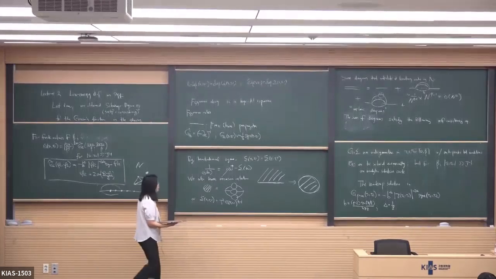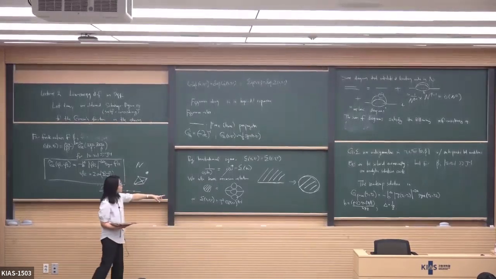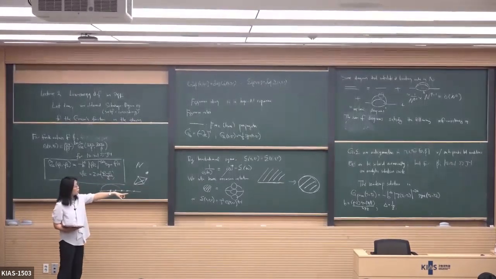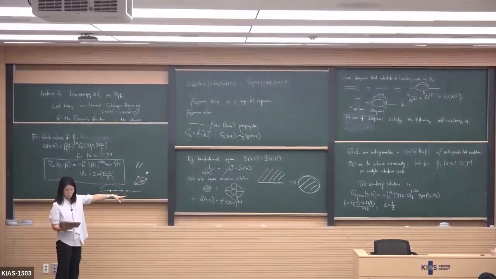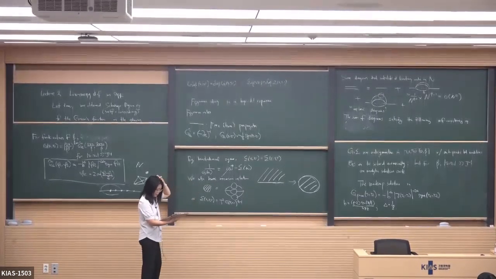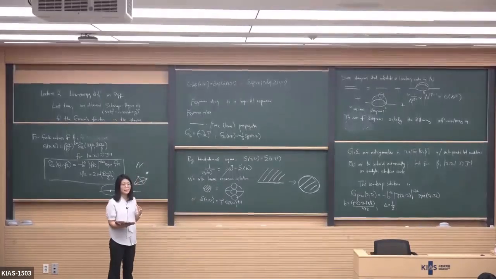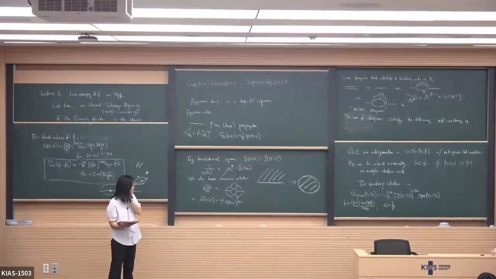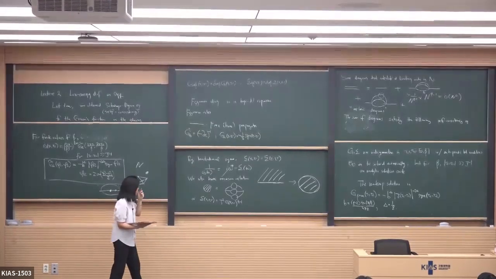Okay, so what happens to the SYK model when we go to very, very low temperatures? It turns out that the system actually does transition to a glassy phase. A glassy phase means that the excitations are frozen.